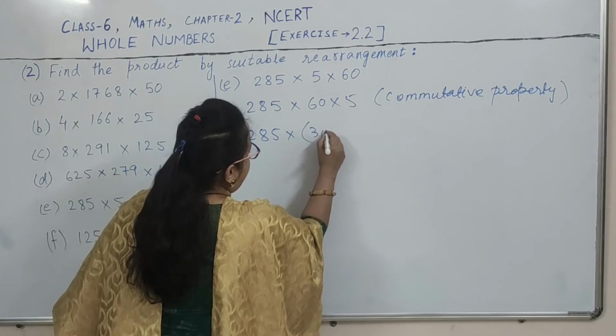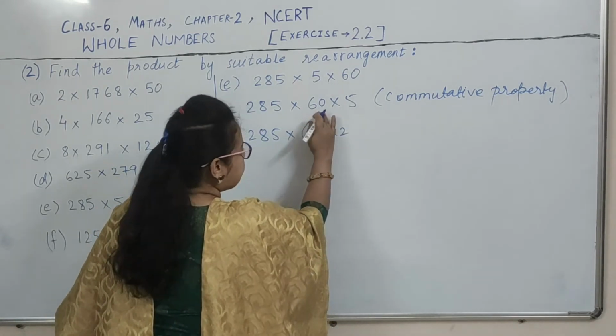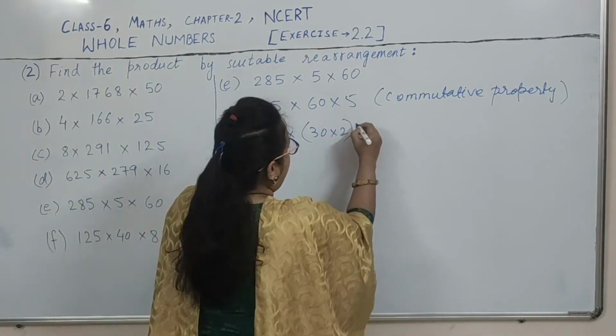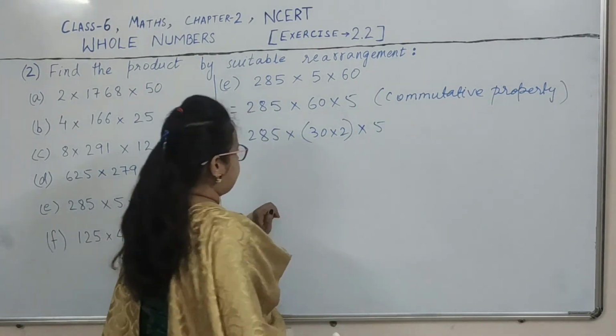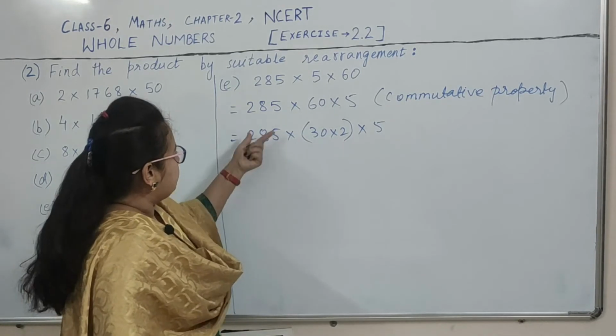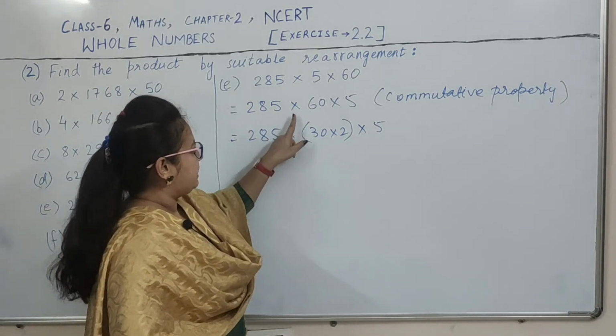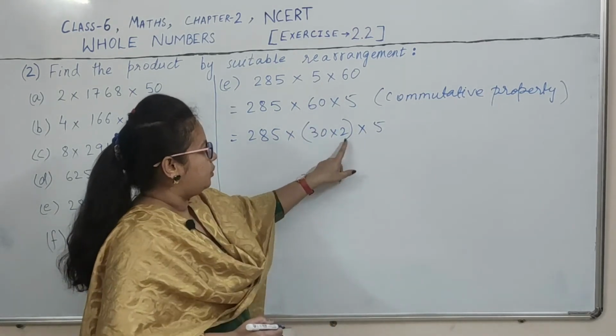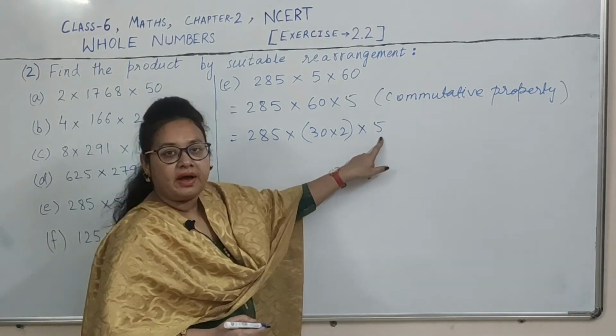See, 60 can be written as 30 into 2. Right? And this into 5 will be as it is. So what we did, this is as it is in the multiplication sign. 60 is written as 30 into 2, multiplication sign, and then 5.